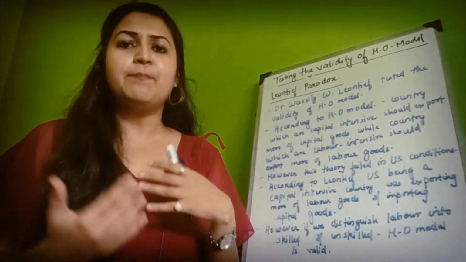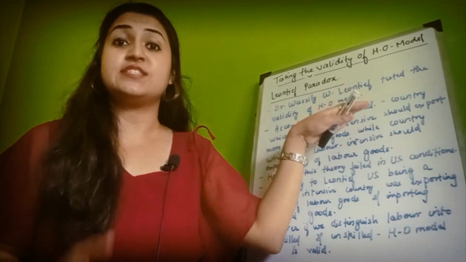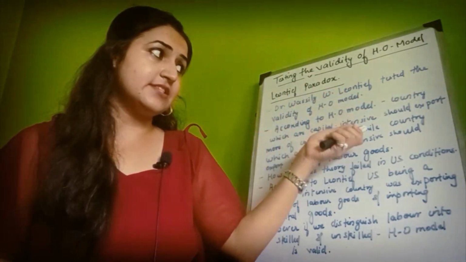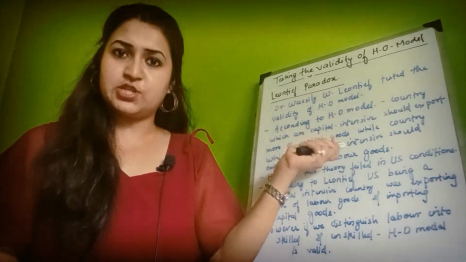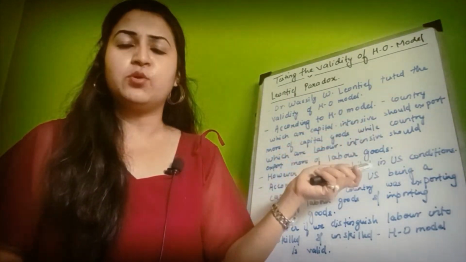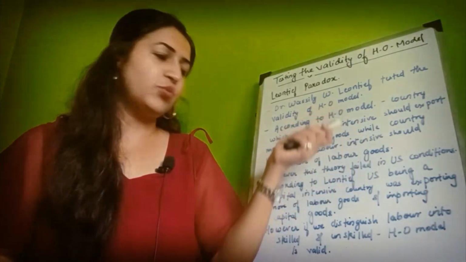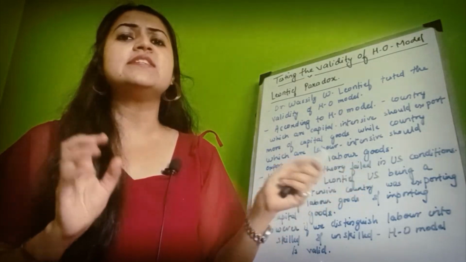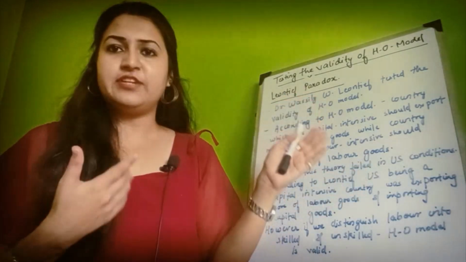So, let us understand the backdrop of this model, which is known as the Heckscher-Ohlin theory. Countries which are capital intensive should export more of capital goods, while countries which are labor intensive should export more of labor goods, is what is stated in the HO model. However, this theory failed in US conditions, is what is propounded by Leontief in his paradox.